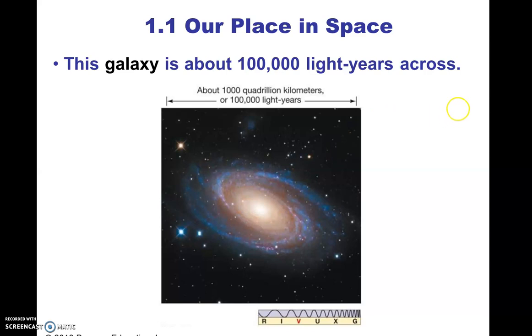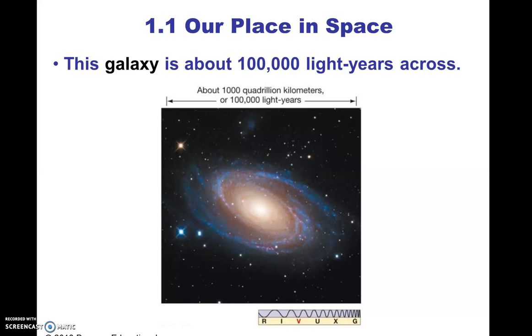So when we start expanding our knowledge of the universe, we know that we, of course, live on the third planet from the sun, and our sun is just one of perhaps 200 billion stars that make up our galaxy. The reason I say perhaps is because we don't know exactly how many stars there are in our galaxy.